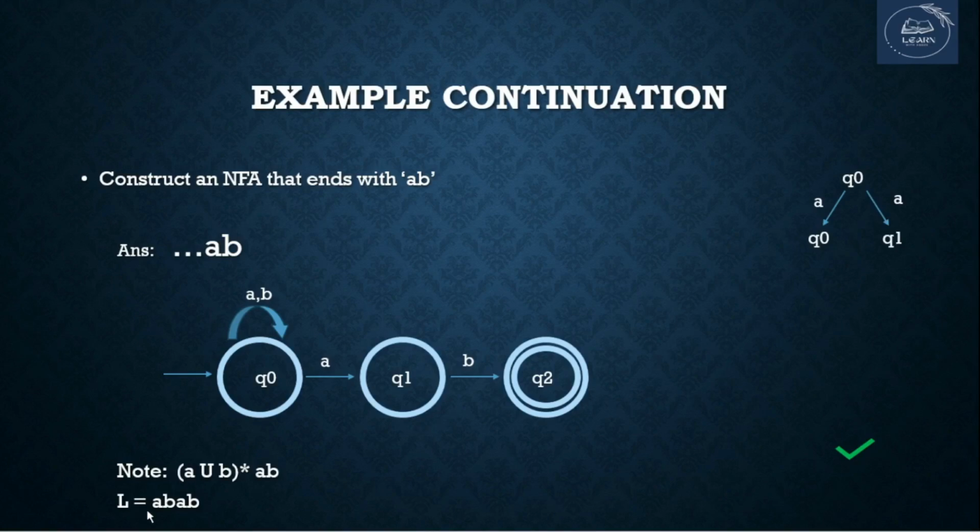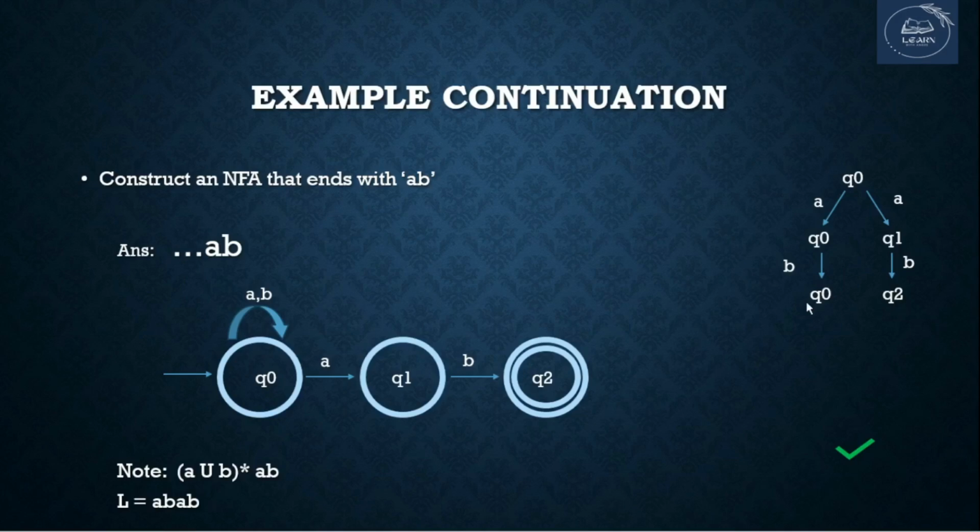Then we are done with this transition with A, and the level of the states in this level is Q0, then Q1. Then the next value we have is B. That means we are going to transit with B in both Q0 and Q1. Transiting with B in both Q0 and Q1 takes me to Q0 and Q2. Q0 with B is Q0, Q1 with B is Q2.